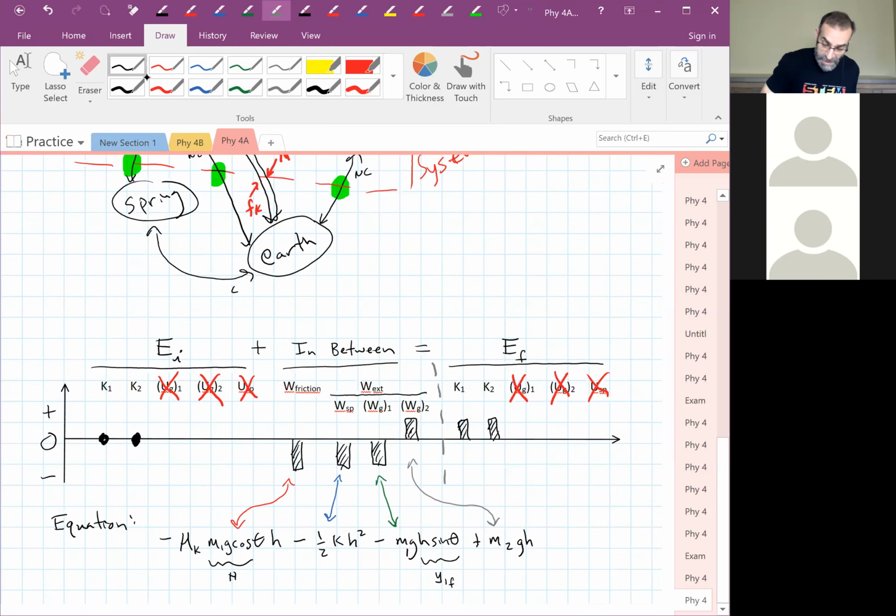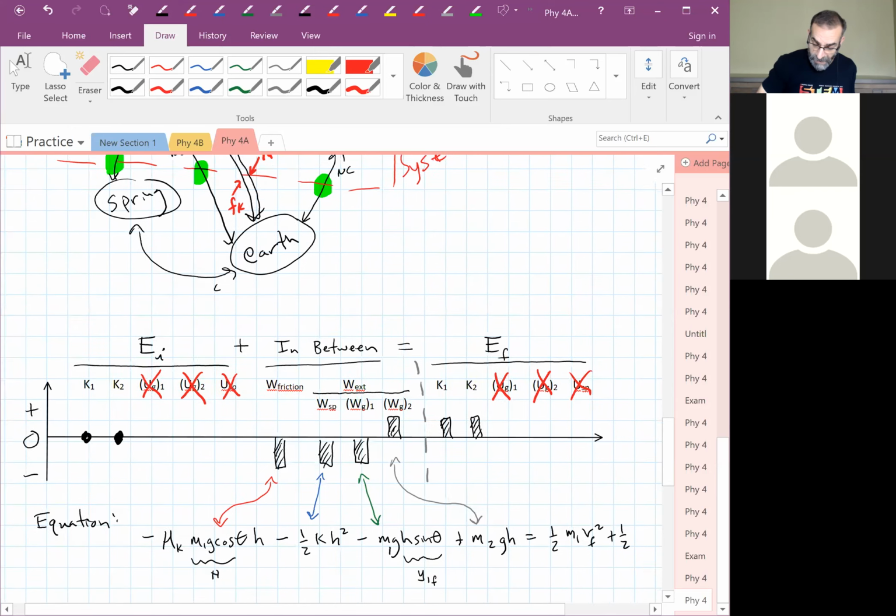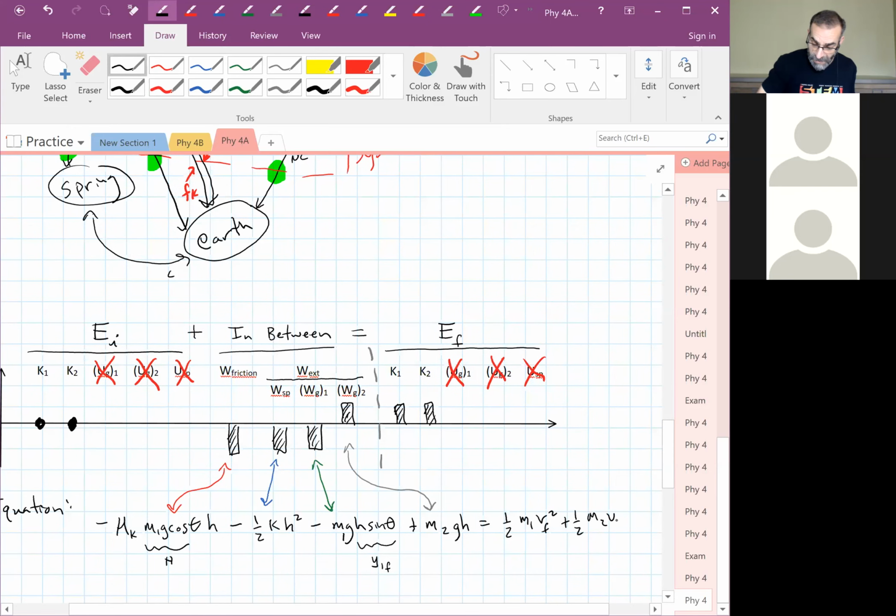Then we have our equal sign, and then a 1/2 M1 V final squared, and a 1/2 M2 V final squared. Those are these two terms right here.